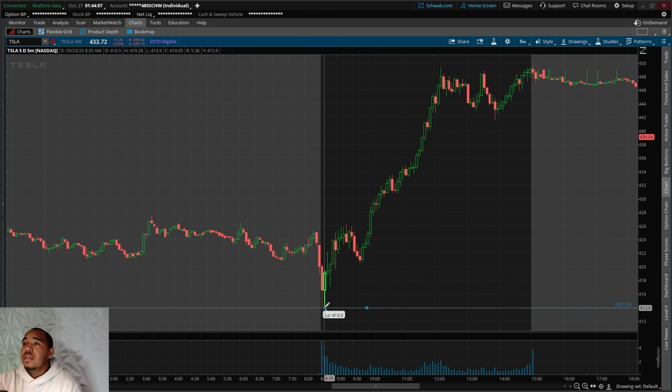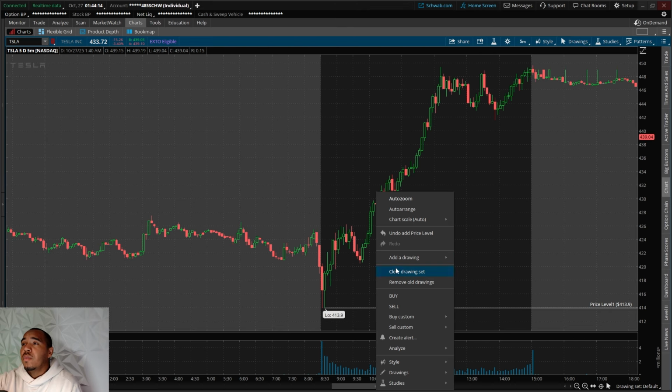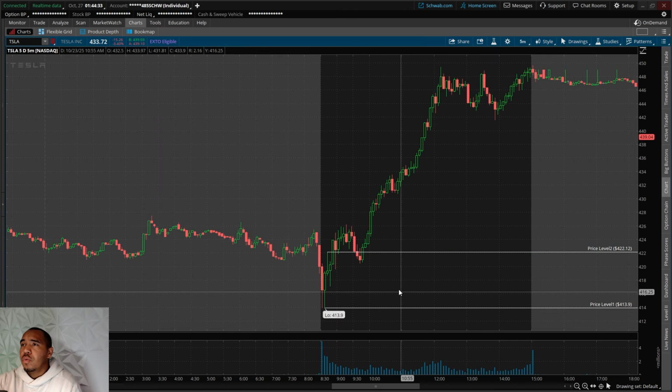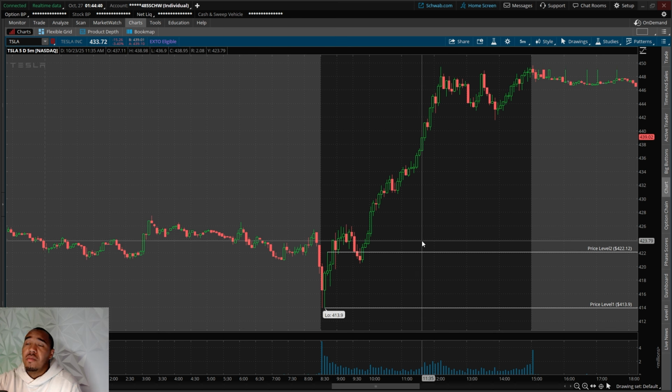Our low on Tesla on this day was 413, and the high within the first 15 minutes was 422.12. All right, that was the high, and this was the low within the first 15 minutes of the market.